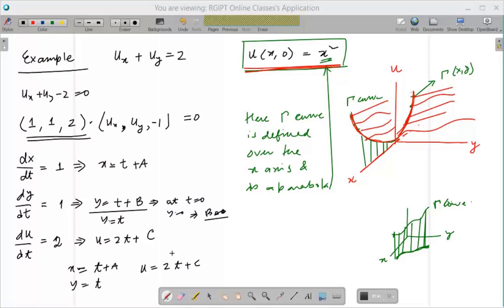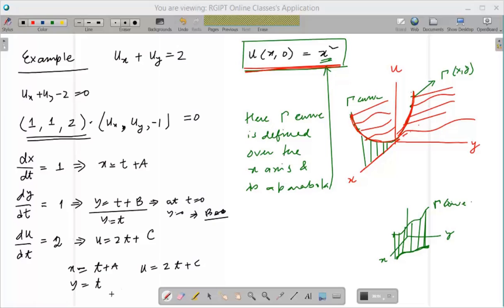Eventually what I want to do is write u as a function of x and y. Get rid of all the unknown things. Here I have t, a, and c to be gotten rid of. And I have still not used the fact that at t equal to 0, I have u given by x squared.